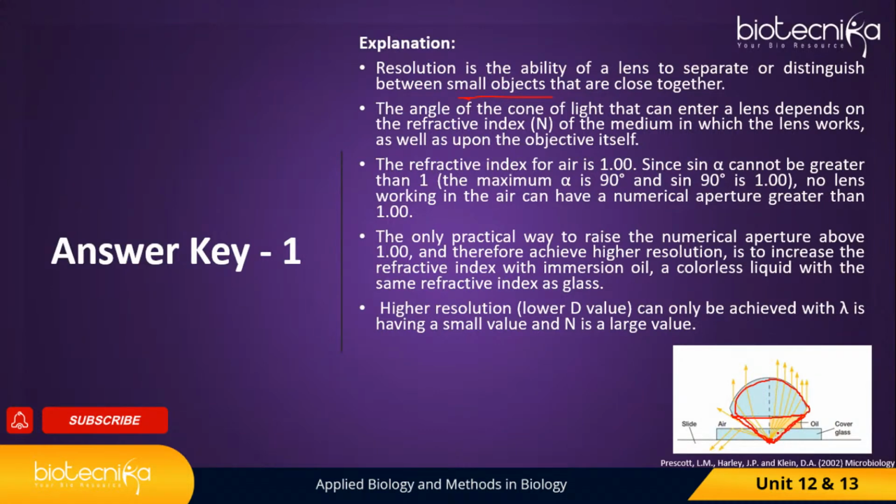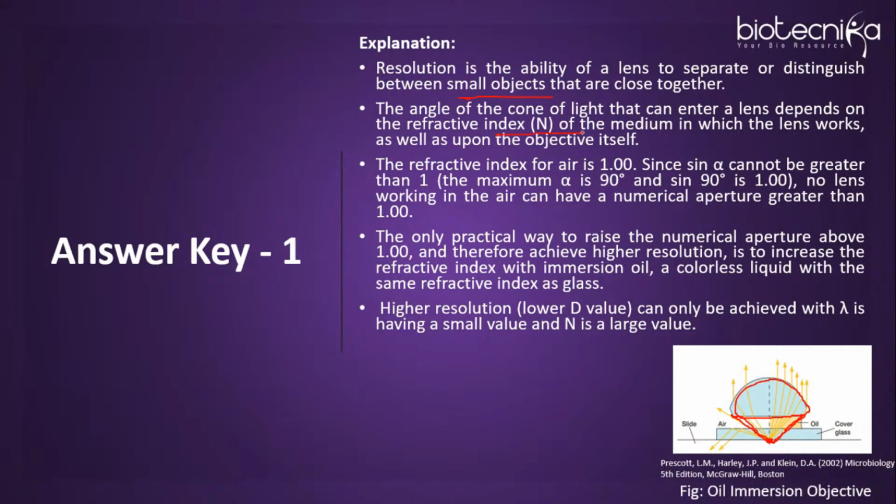Now always remember the angle of the cone of light that can enter a lens depends upon the refractive index of the medium in which the lens works, as well as upon the objective itself. Theoretically, the refractive index for air is 1. I told you numerical aperture, this expression n sine alpha, is the numerical aperture, right?